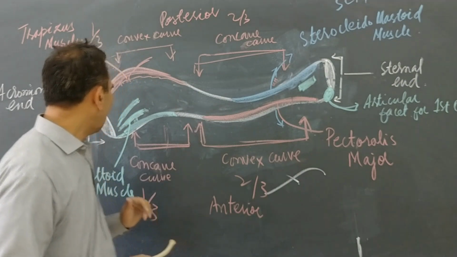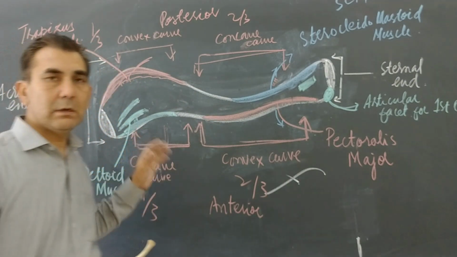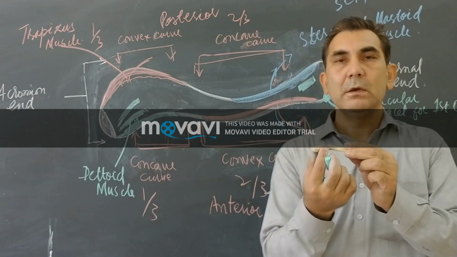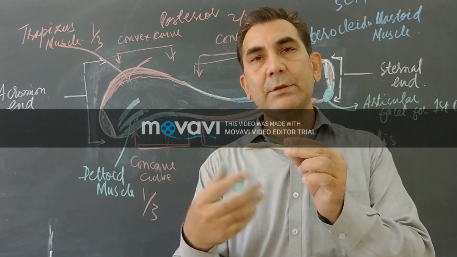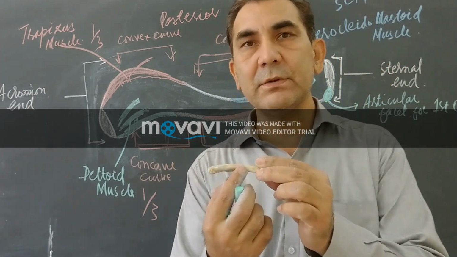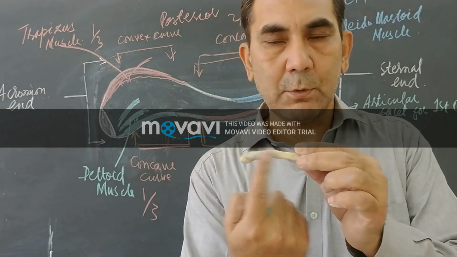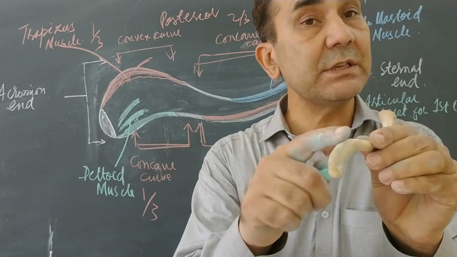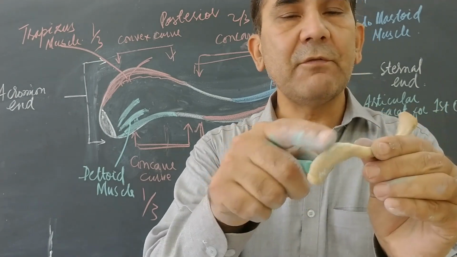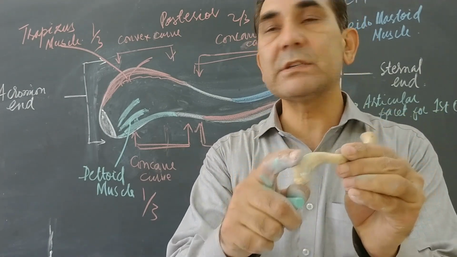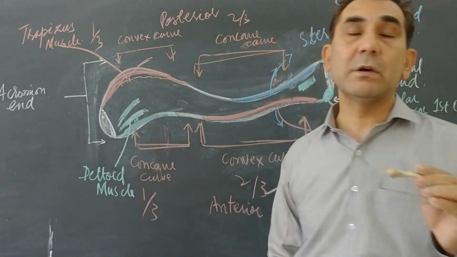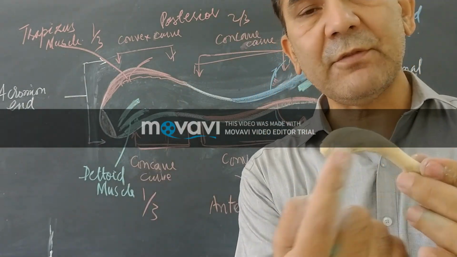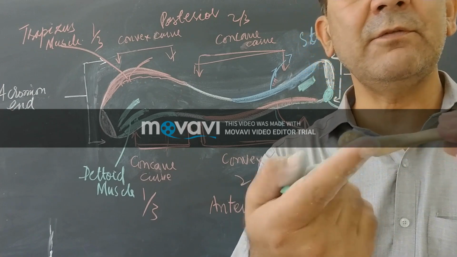So if you come to the acromion end, it has two borders and two surfaces. The anterior border is at the concave portion, and the posterior side is convex in shape and rough in structure. This border is called the posterior border, and it has two surfaces, the superior surface and the inferior surface.